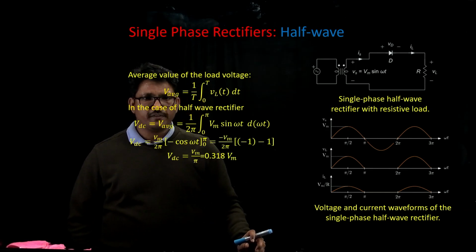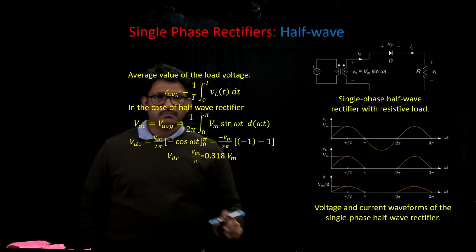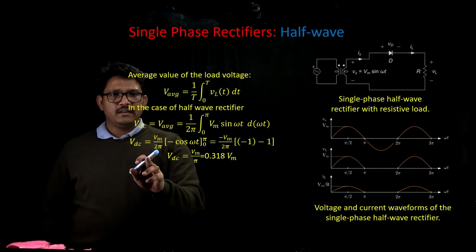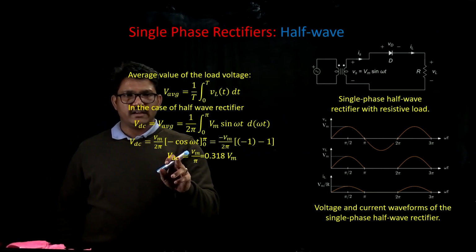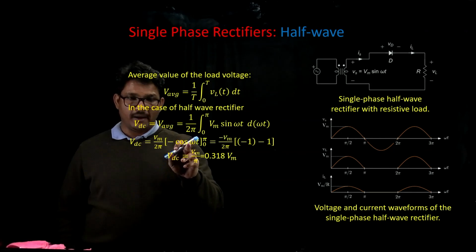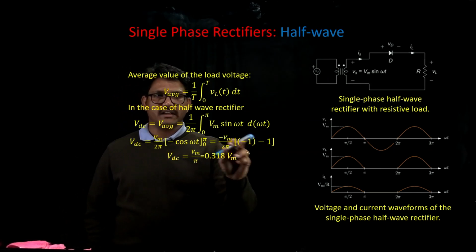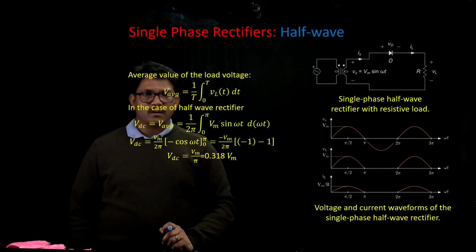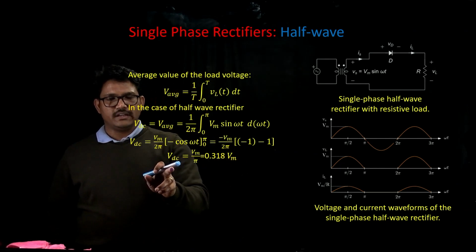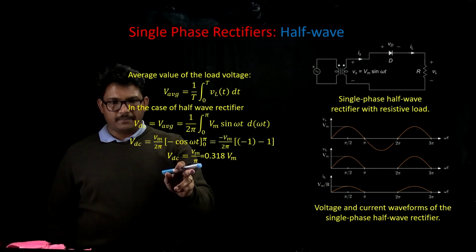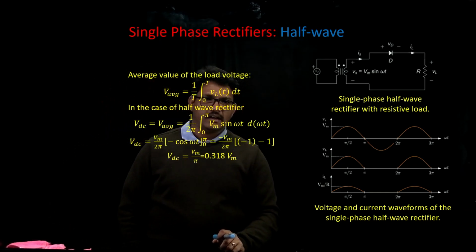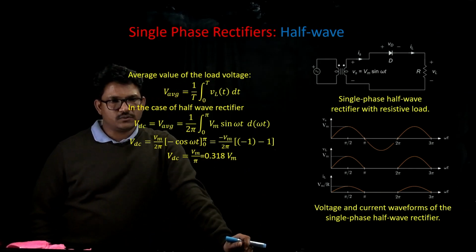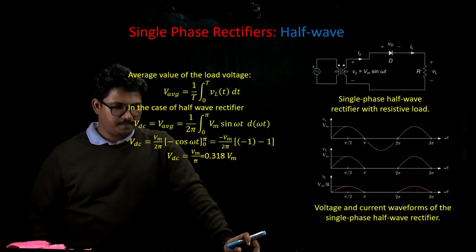If you try to simplify that, Vm upon 2 pi, and the integration of sine omega t is minus cos omega t, whereas your limits of integration are 0 and pi. If you substitute the limits of integration 0 to pi, your average value of the output voltage turns out to be Vm by pi. So 1 upon pi is 0.318, and you can say that your average output voltage is 0.318 times Vm.